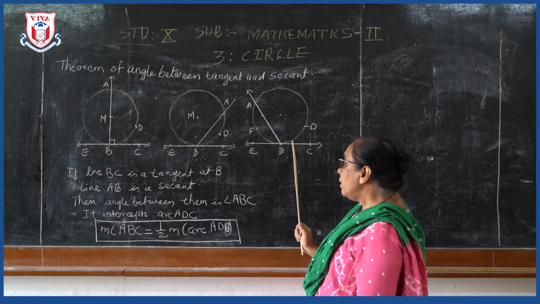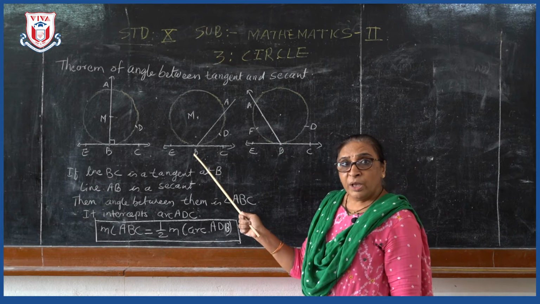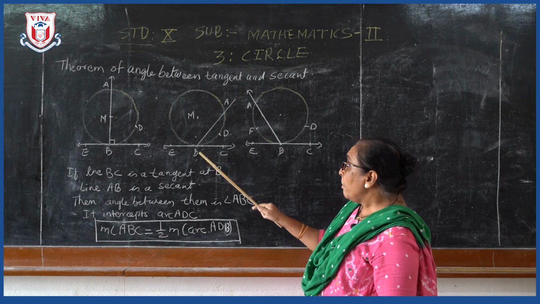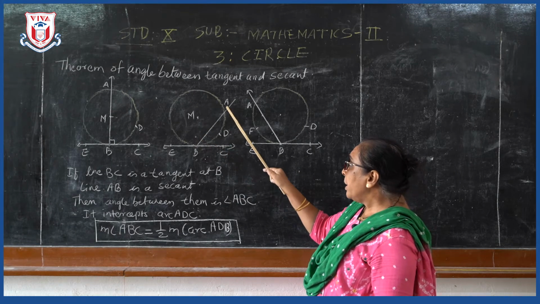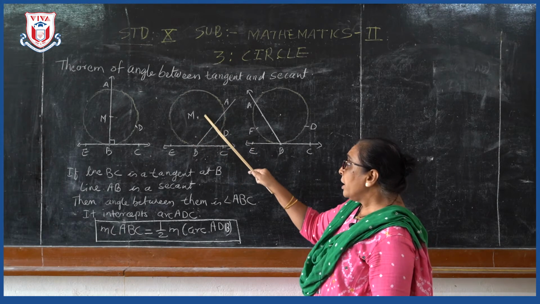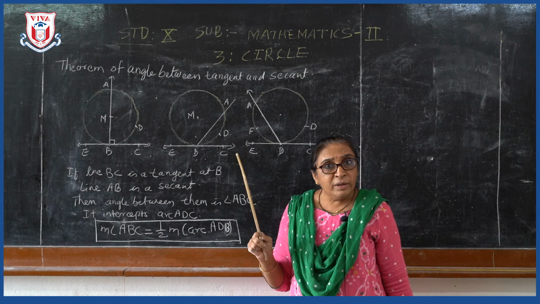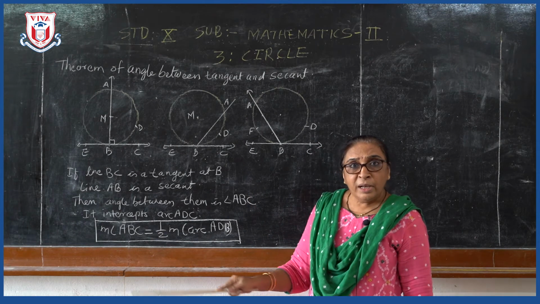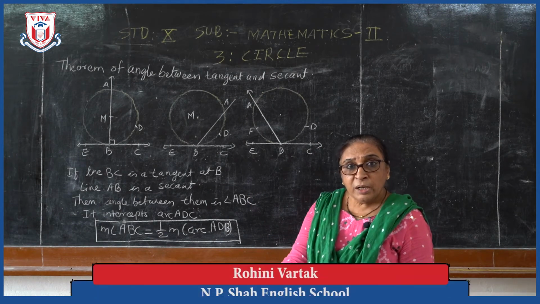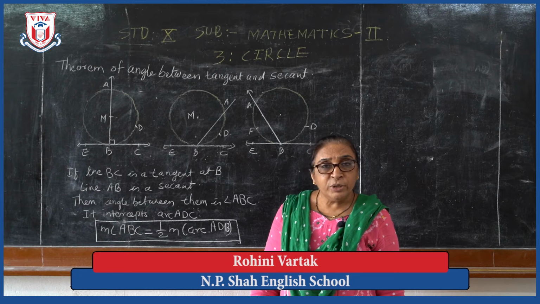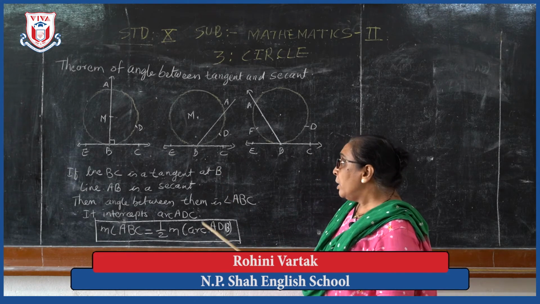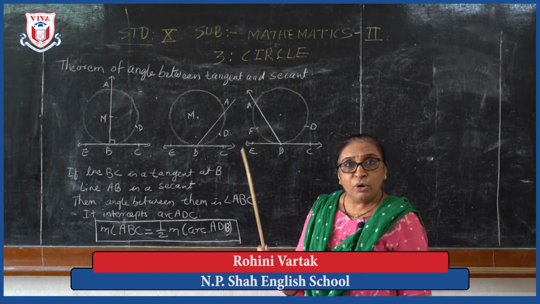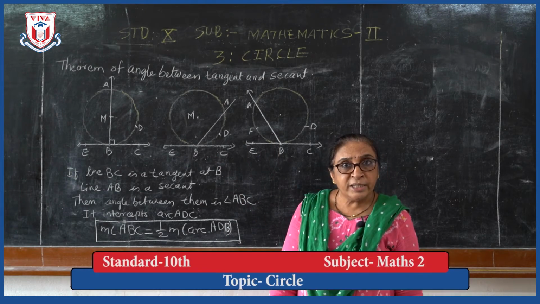Similarly, in the second and third figures we can prove it by doing certain constructions, drawing segment MB and segment MA, then you can use the property of the angles of a triangle, and the proof is completely given in the textbook. Just go through it. I am not taking it in detail because generally they do not ask for the proof of this theorem in the exam.